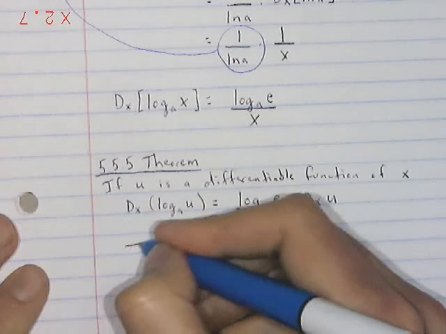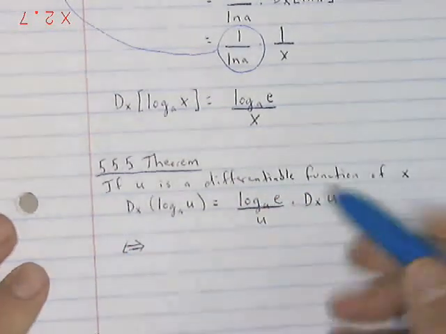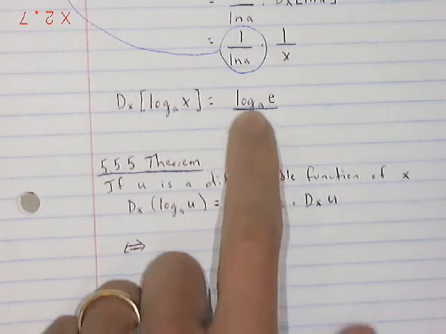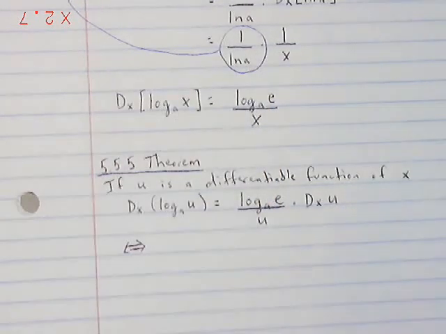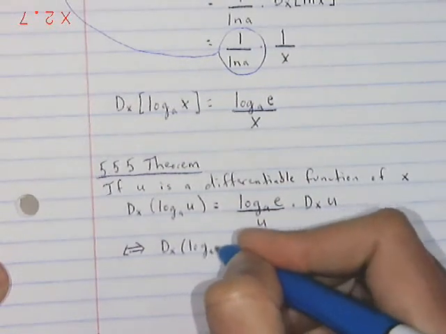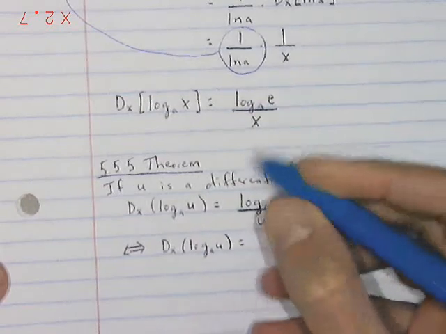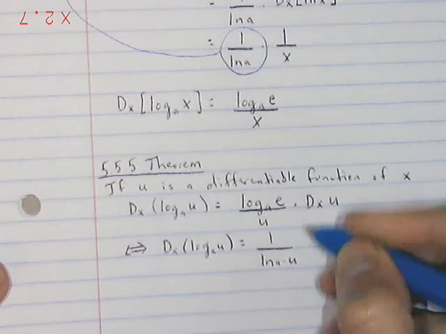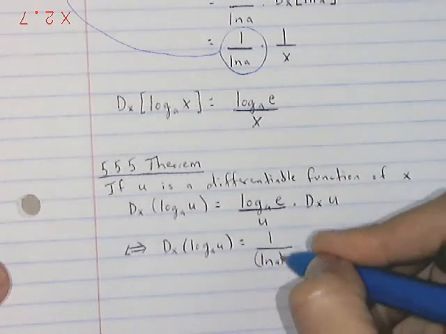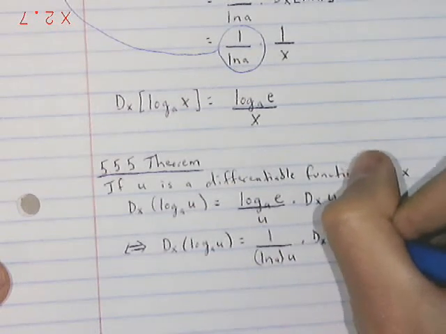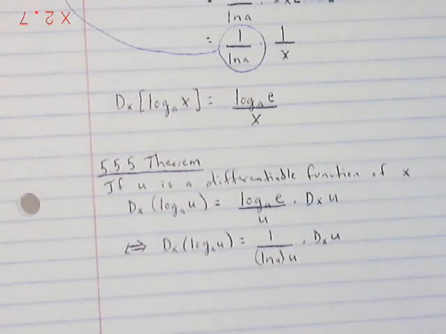Or, the first part is true if and only if we can also replace log base a of e with this definition, which leads to a derivative that looks like the following: 1 over ln of a times u, put some parentheses in there, times the derivative of u. Well, cool. Okay.